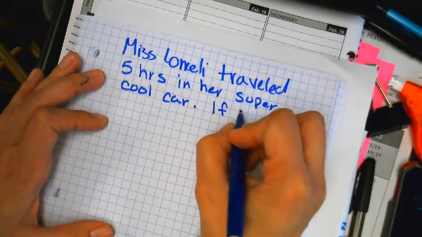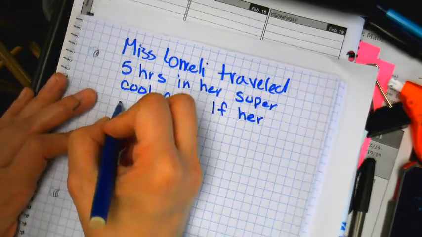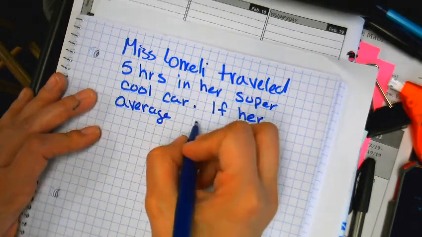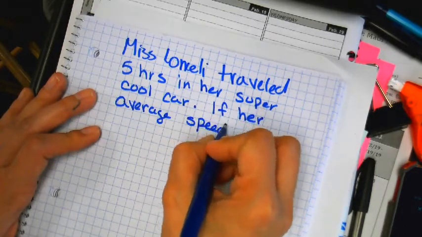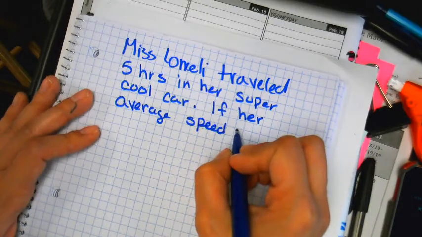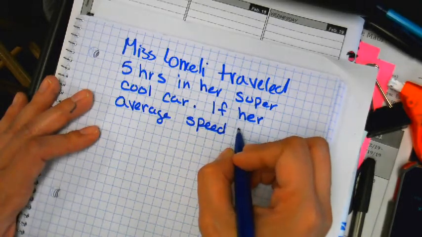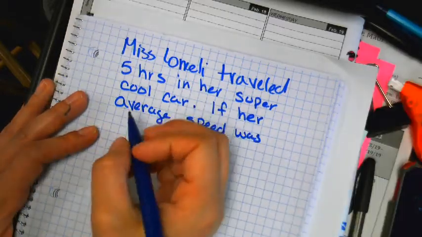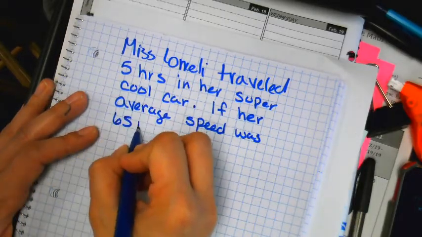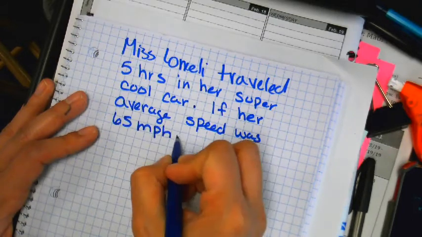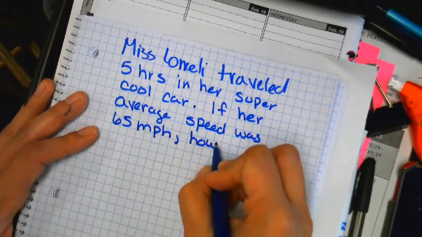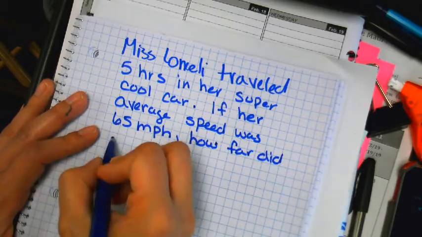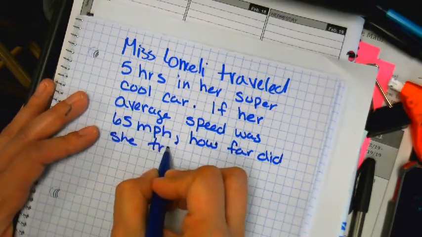If her average speed was 65 miles per hour, how far did she travel?